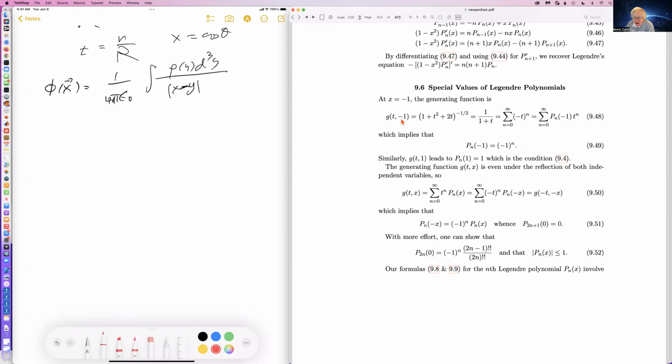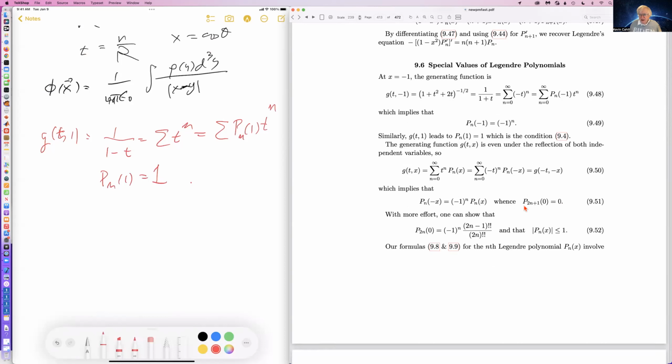Well, just to check this out, g of t and 1 would be 1 over 1 minus t. This would be the sum of t to the n, and this would have to be the sum of Pn of 1 t to the n, and so Pn of 1 is just equal to 1. So that's how that works.